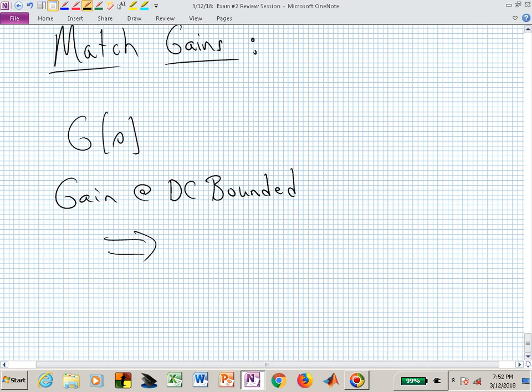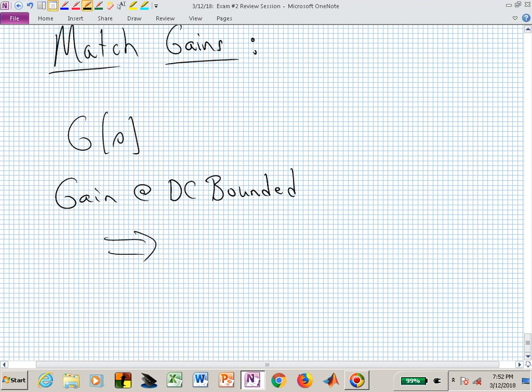Suppose we have a transfer function, h of s, and somebody says, oh, the gain at DC is bounded. What does that mean? That just means that you have a finite number for the DC gain.